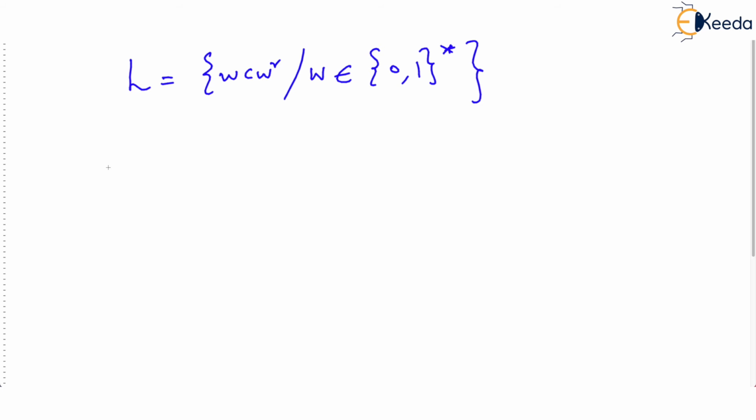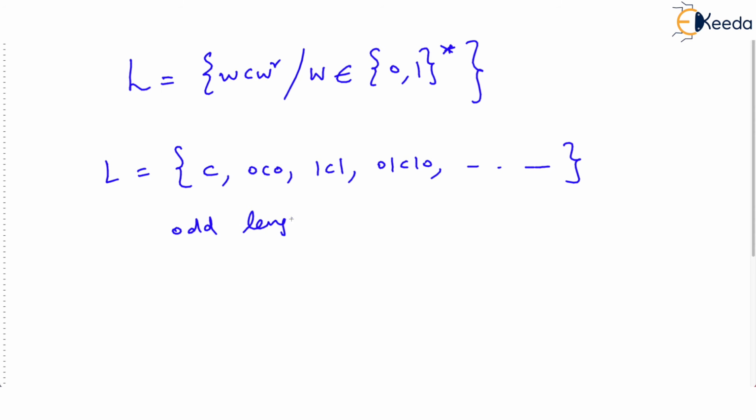Recall this? The strings in this, where C was the smallest string, then 0C0, 1C1, 01C10, and so on. All strings were odd length palindromes. And this was developed by using DPDA.